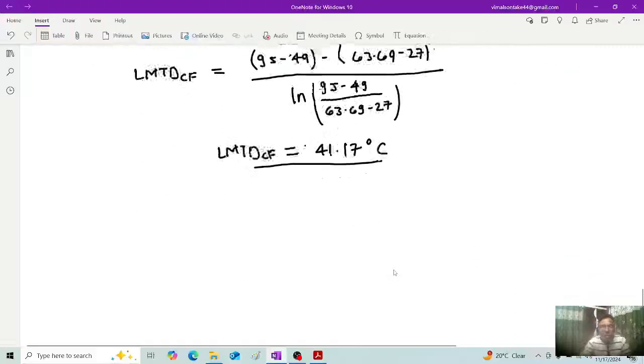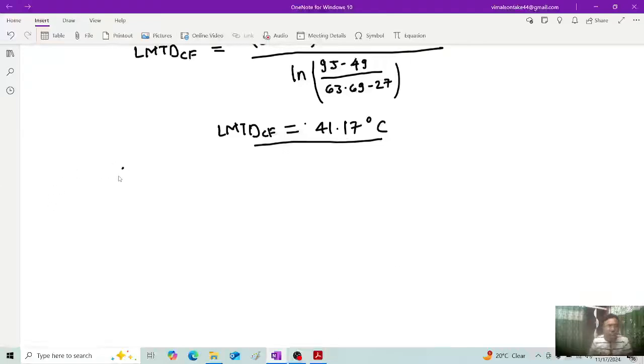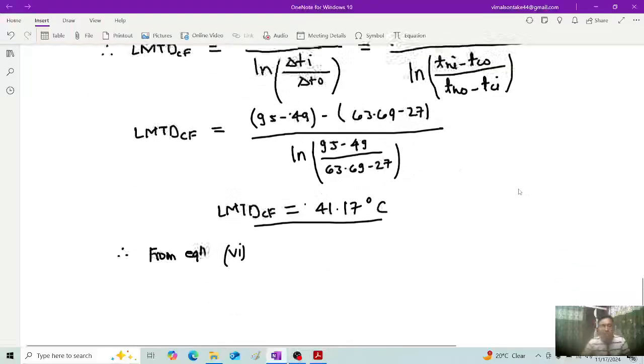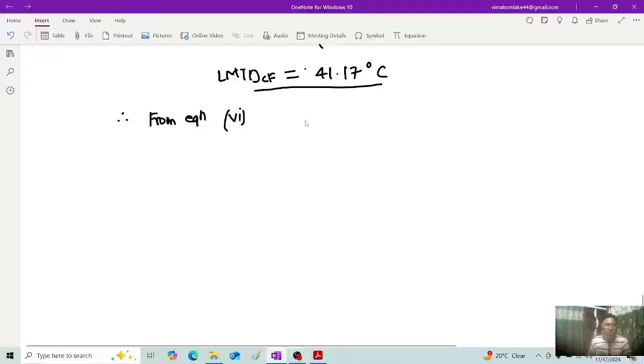Hence from equation 6, the value of heat transfer rate is 14,246.05.